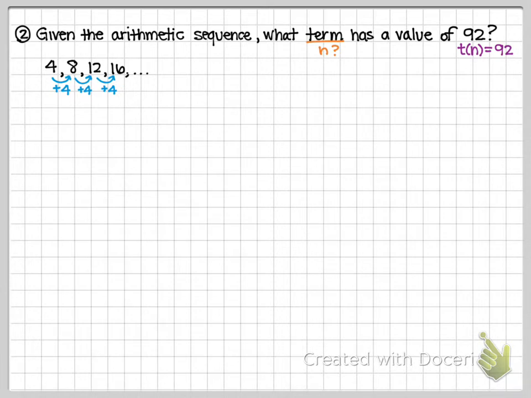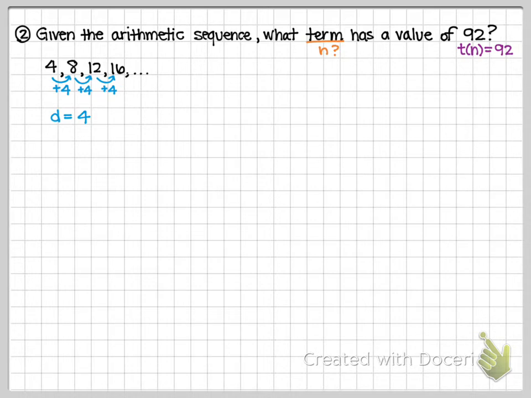All right, well, I think we need to write the equation here. So let's go ahead and write our equation. So we know the common difference is 4. So d is going to be 4. I can back up to find the 0th term. So let's go ahead and do that.